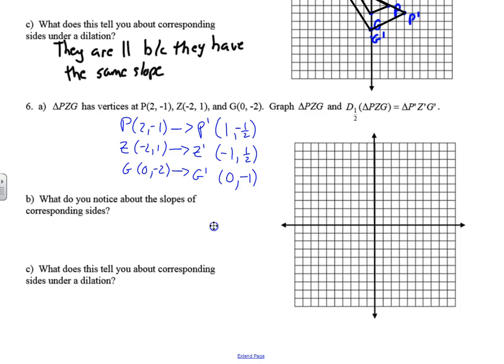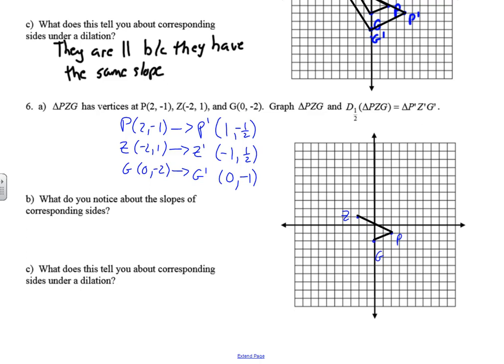P is 2, -1, Z is -2, 1, G is 0, -2. So there's our initial triangle.